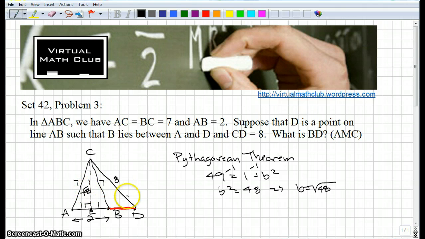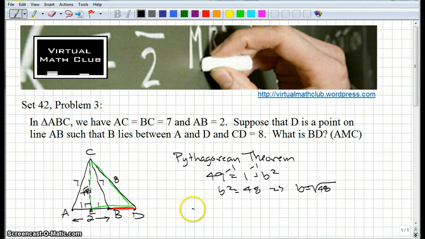Now I'm seeing another right triangle, coming down here from C, going across to D and up to C. I actually know two of the sides: the hypotenuse and a leg. So we can use the same formula and solve for this ED side.